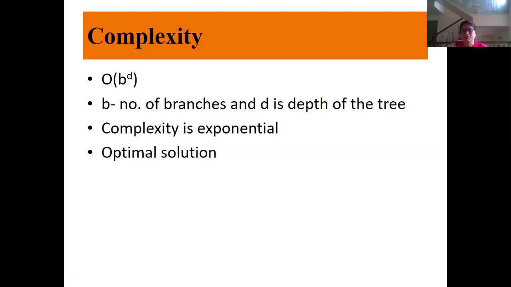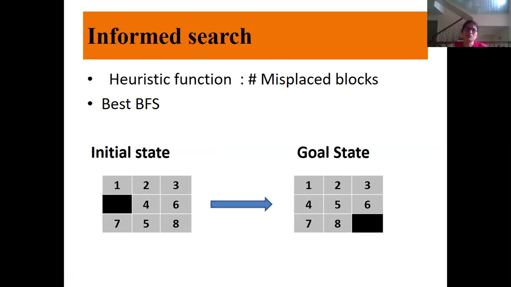An example we have taken is the 8 puzzle problem, where we have applied uninformed search using breadth first search. So similarly, now let us see if you apply an informed search to the same problem. In the previous lecture, if you remember, informed search uses a heuristic function. Heuristic means you have some domain knowledge when you are solving a problem.